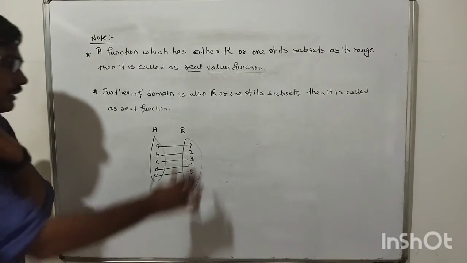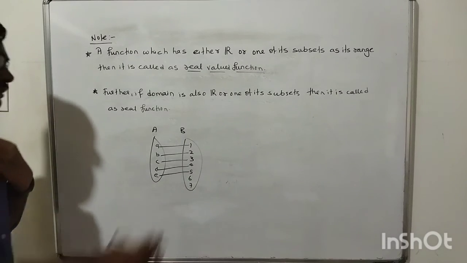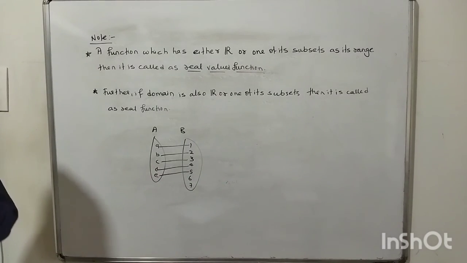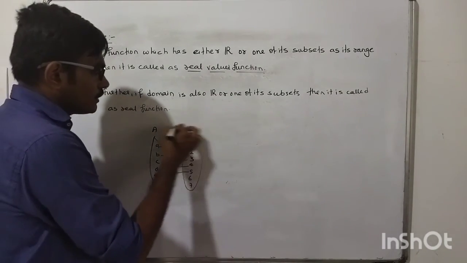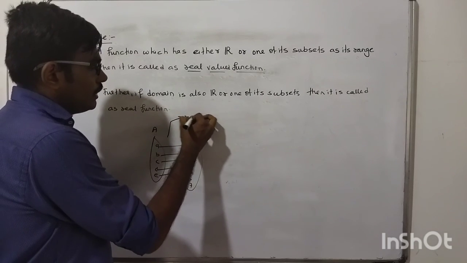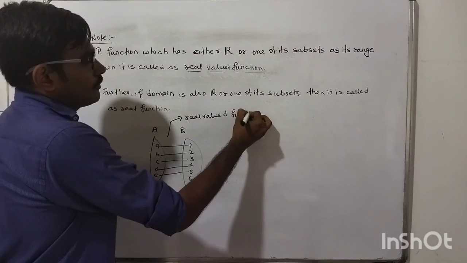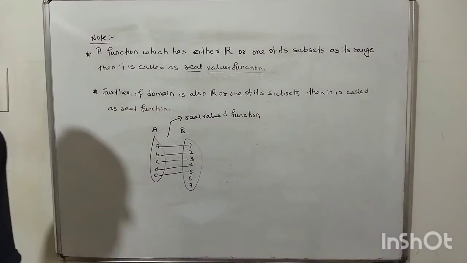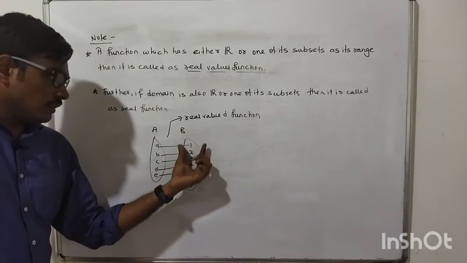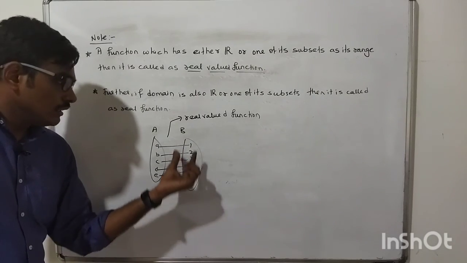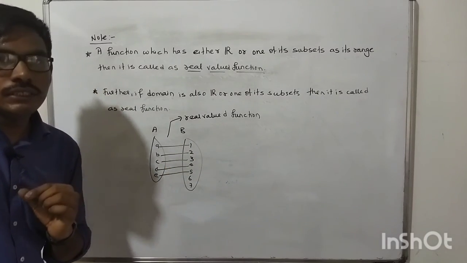Now, the range 1, 2, 3, 4, 5 is a subset of real numbers. So this is a real valued function, because the range of it contains a subset of real numbers.